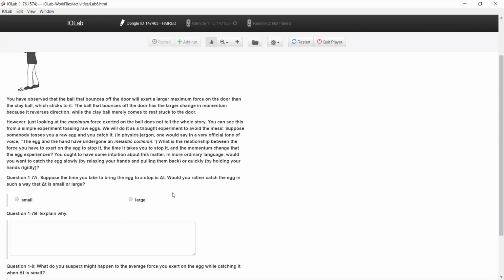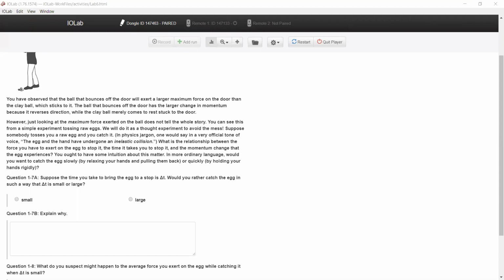And if you divide something by a larger value, you have a smaller one. So in order to avoid the egg breaking, we want a small force applied while catching the egg.